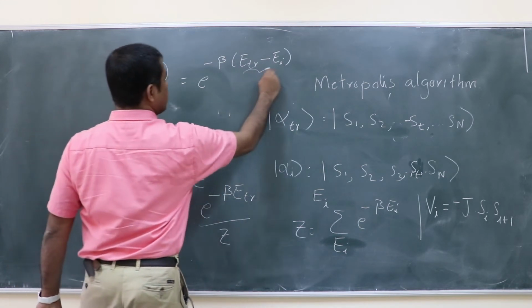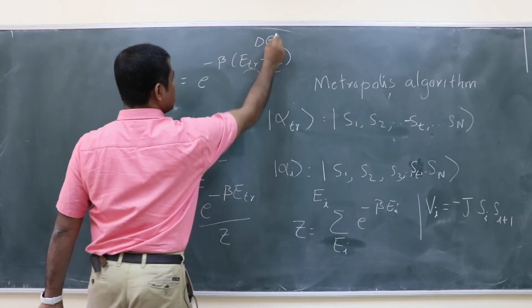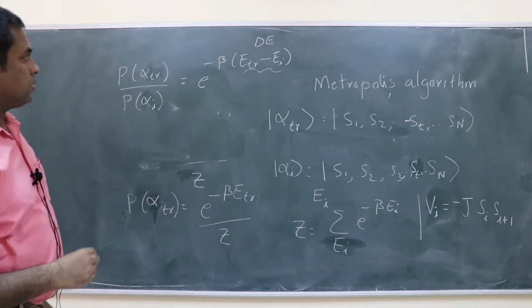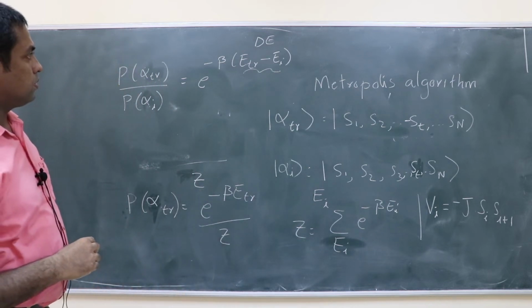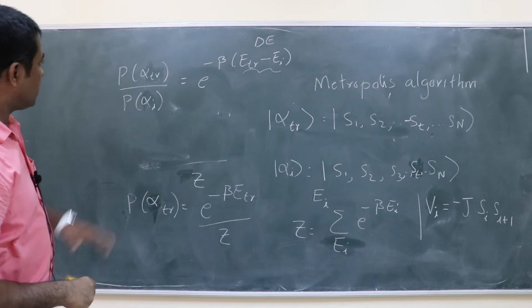This one you call delta E. What is this quantity? The relative probability.